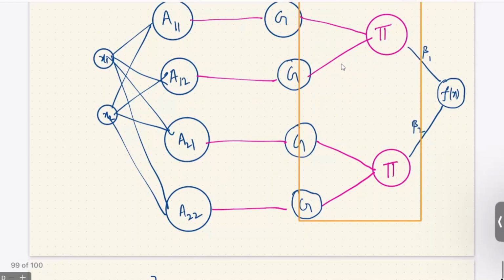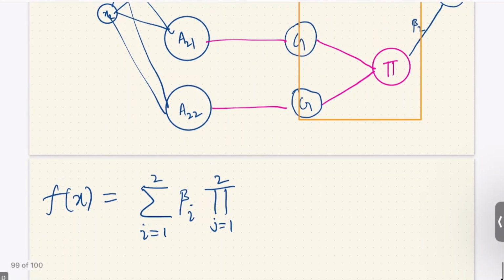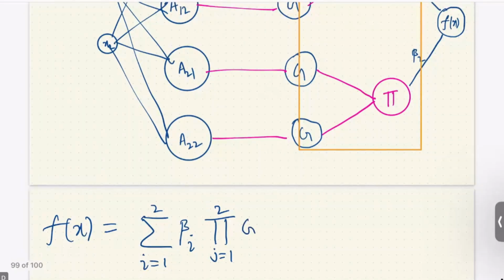Pi is the product, multiplication. For this diagram, j equal to 1 to 2, g of a i j of x.